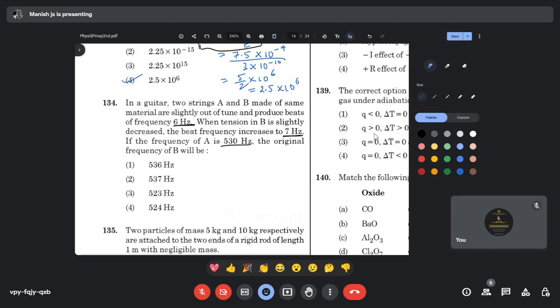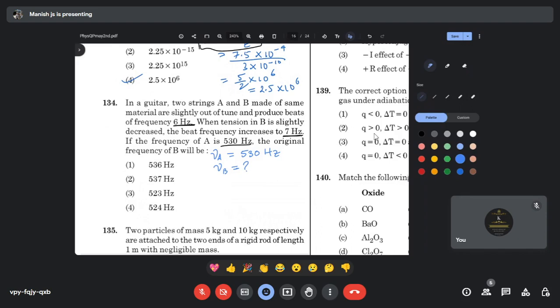Okay. So here we write down what are the frequencies given in the question. Frequency is given by the letter nu. So nu A is specified as 530 Hertz. And nu B, we don't know, we'll have to find it, so let's keep it as a question mark. Now they are saying when they are out of tune, it is 6 Hertz.